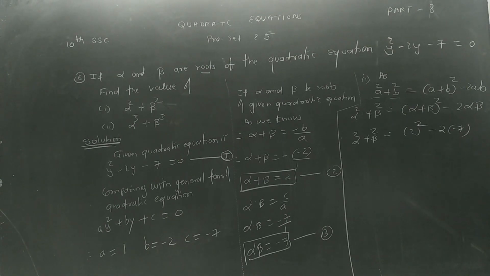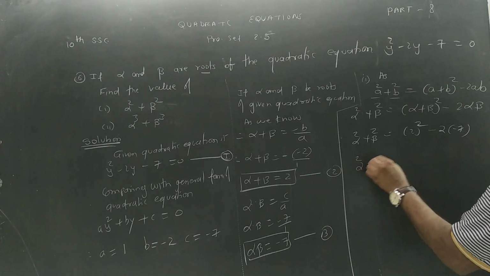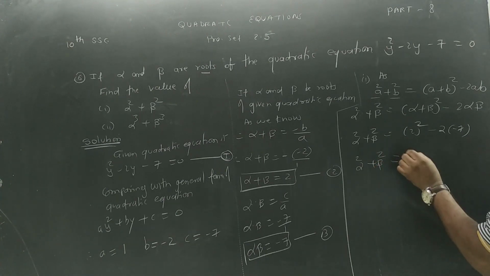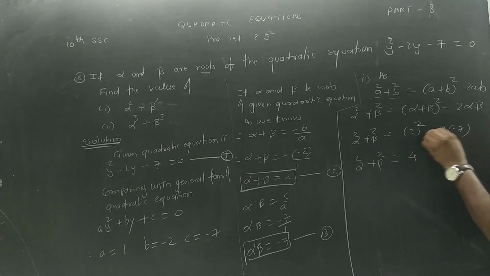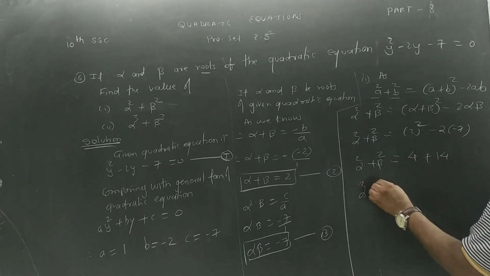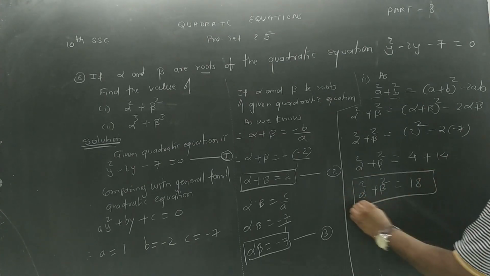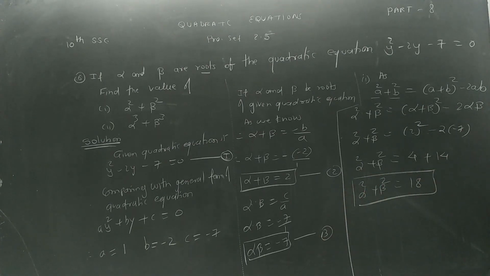What will be the alpha square plus beta square? It is 2 square is 4 and minus becomes plus 14. So alpha square plus beta square is equal to 18, the answer for the first part.